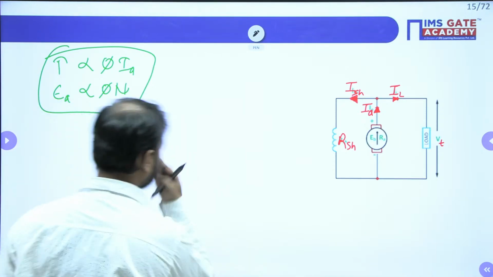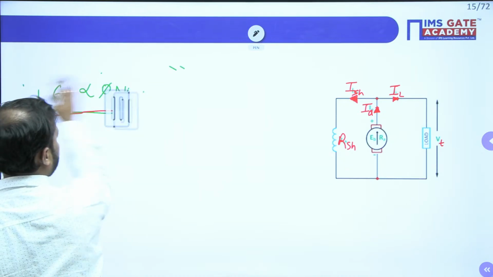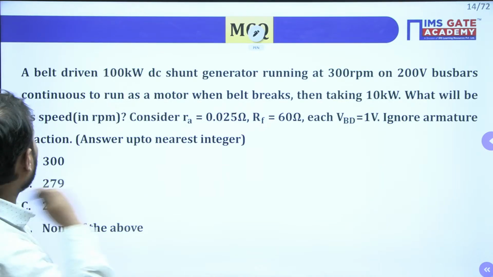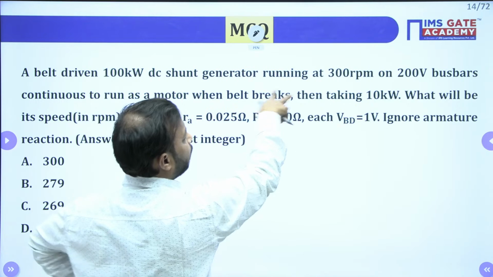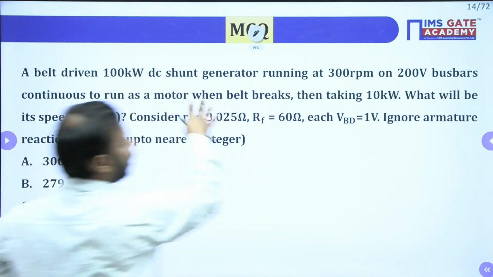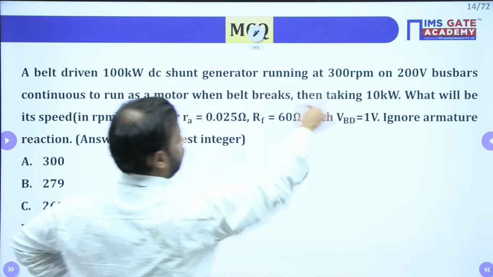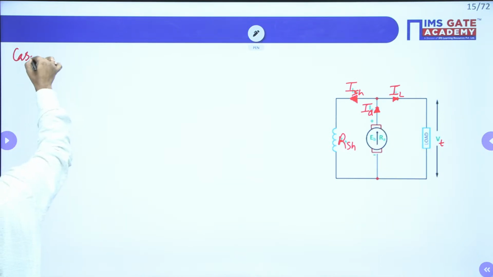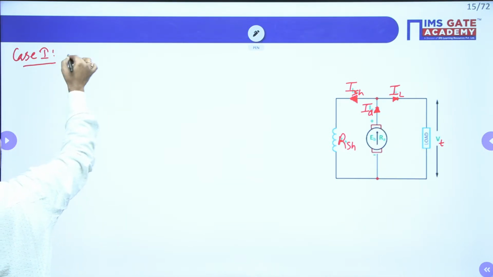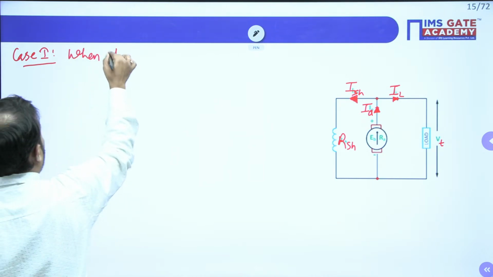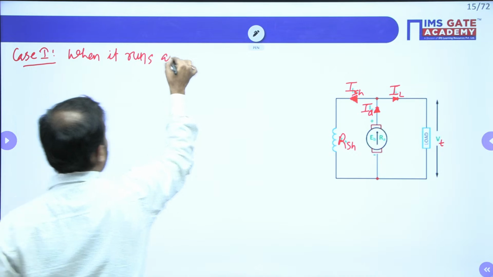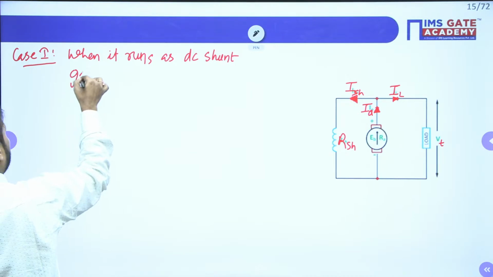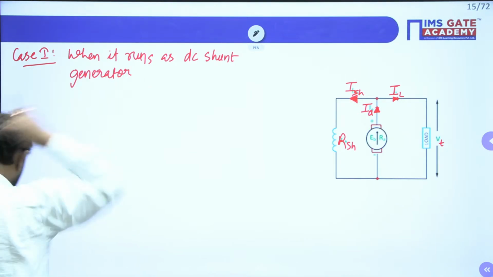So moving ahead, let me rub this. In the question, this machine is earlier working as a shunt generator where this data is given. Now when the belt breaks, it runs as a motor. All right. So we need to find all those values. So case 1, when it runs as a DC shunt generator. Do we have the values here?